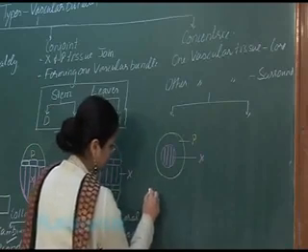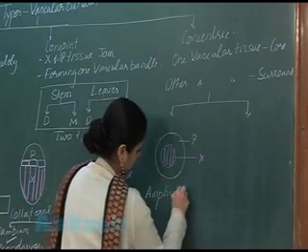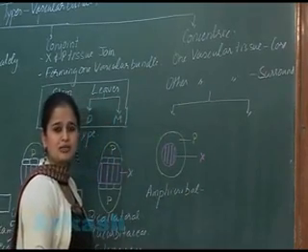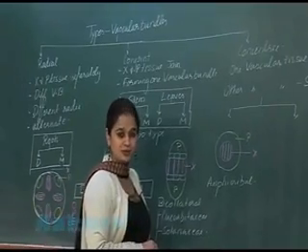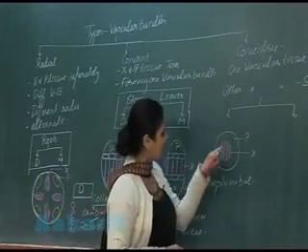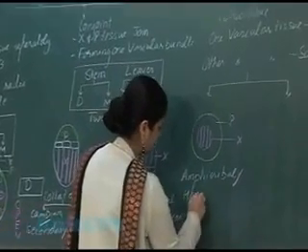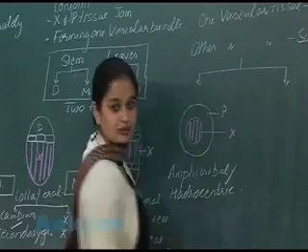This type of vascular bundle is known as amphicribal type. What is the other name for the xylem I have told you? Hadrome. And here the hadrome is present in center. That's why these vascular bundles are also known as heterocentric.